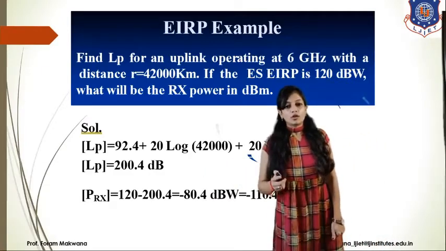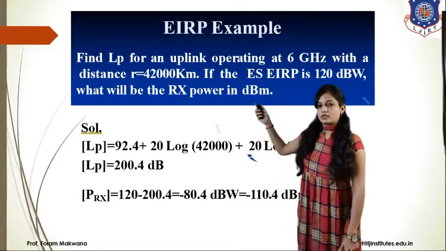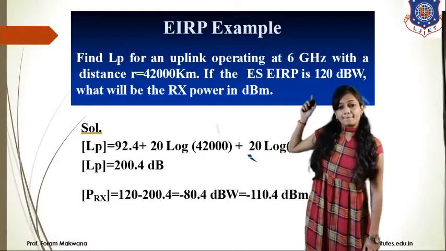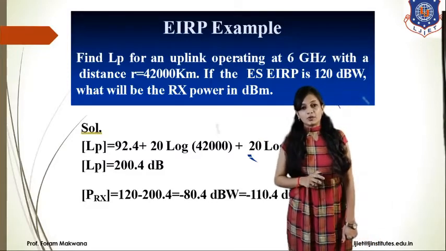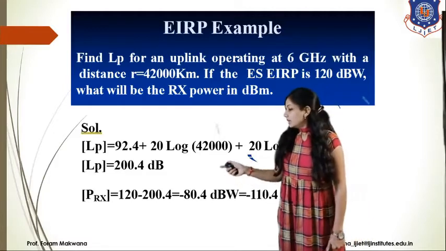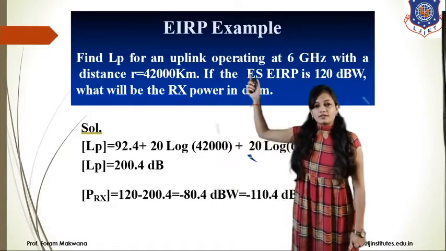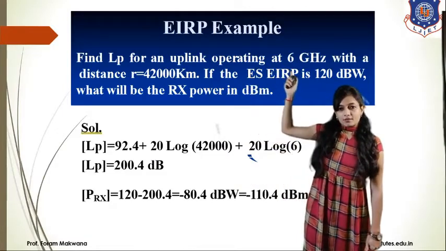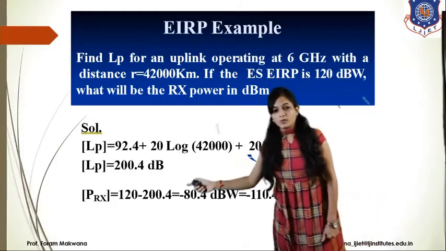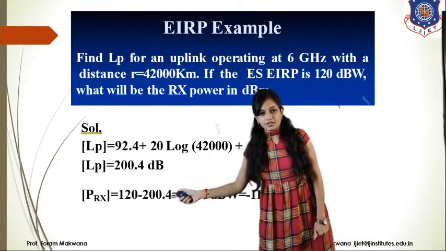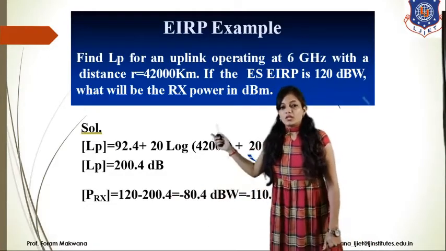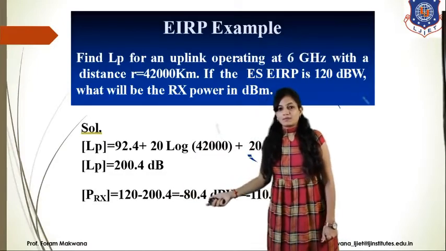Now, what is the question? We need to calculate the received power in dBm. How to calculate it? See, the earth station EIRP is already given, it is 120 dBW. So 120 we have to write. Why? Because received power equals EIRP minus path loss.